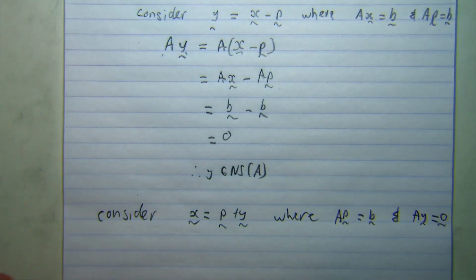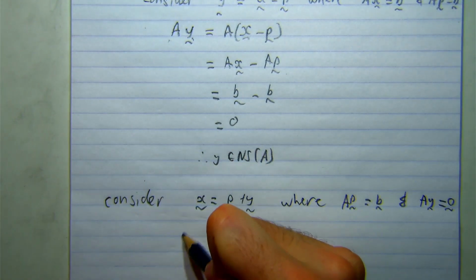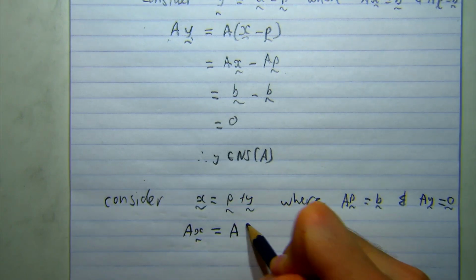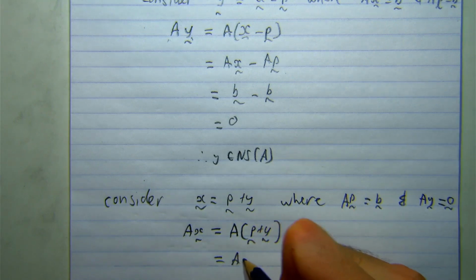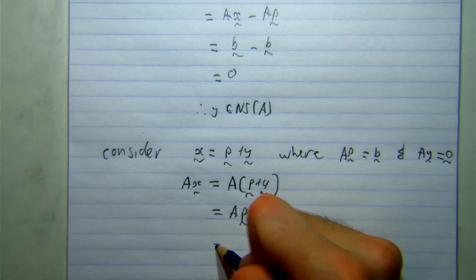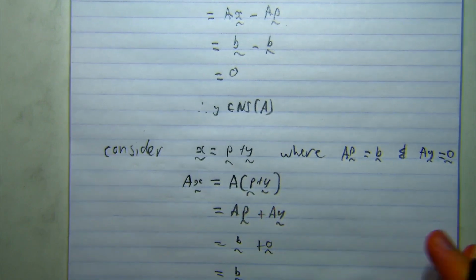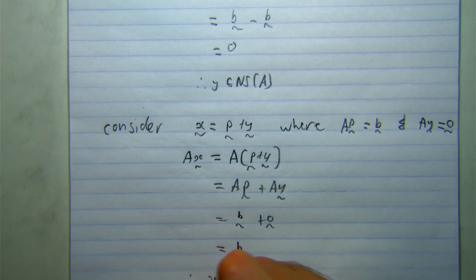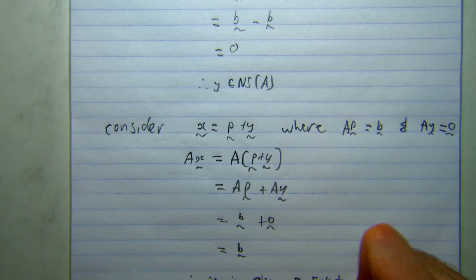And what we want to show is that X is also a solution. So A multiplied by X is equal to A multiplied by P plus Y, which is equal to A multiplied by P plus A multiplied by Y, which is equal to B plus 0, which is equal to B. And so that is what will make X also a solution. Therefore, X is also a solution.